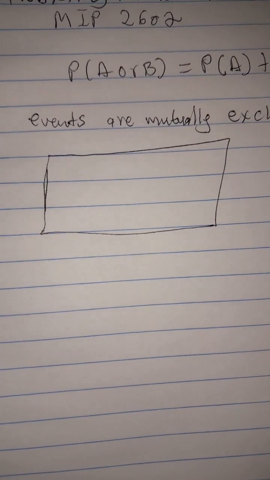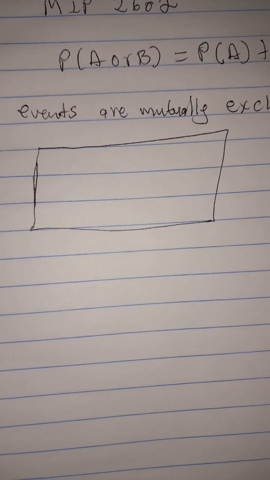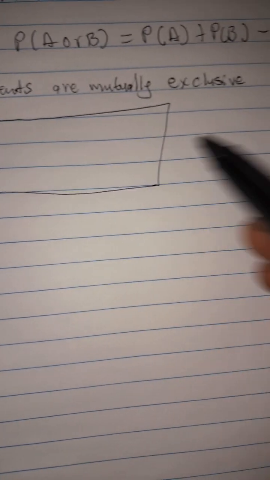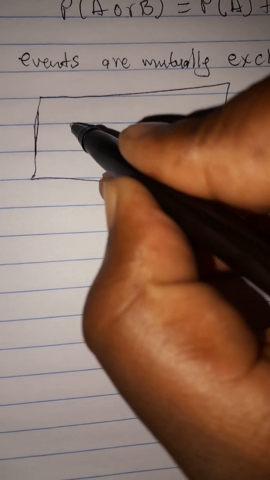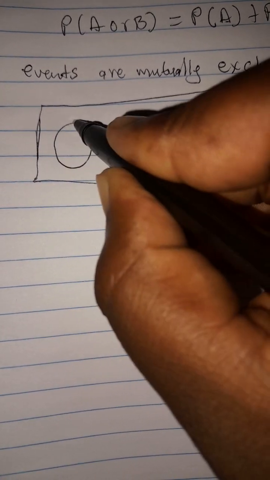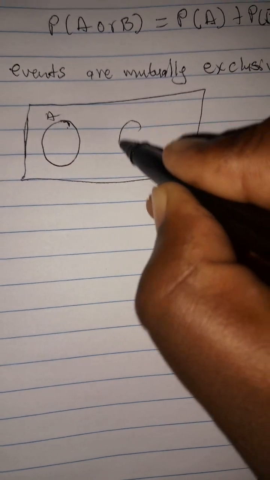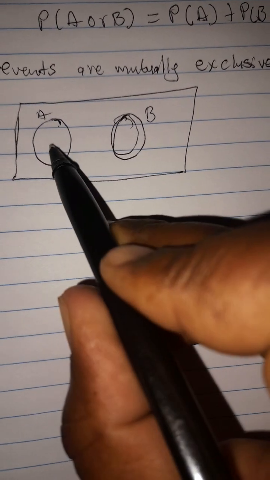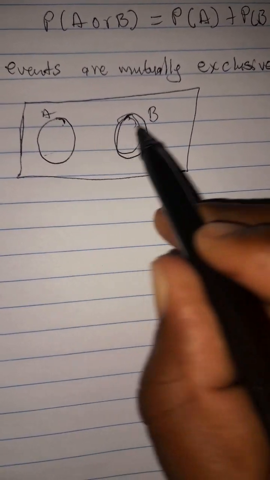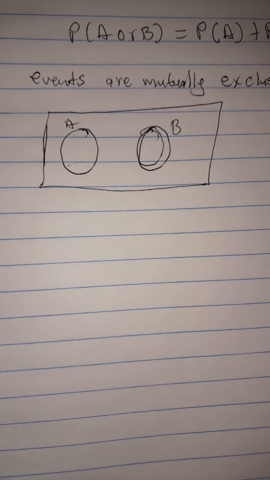We will talk about Venn diagrams in our next video. Consider the events are mutually exclusive. Let's say you have event A and event B. You can see that there is no intersection, so they are apart, they are separated.